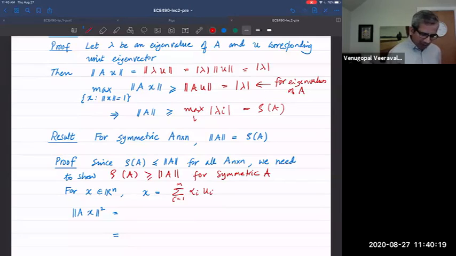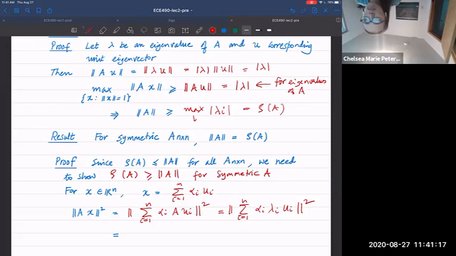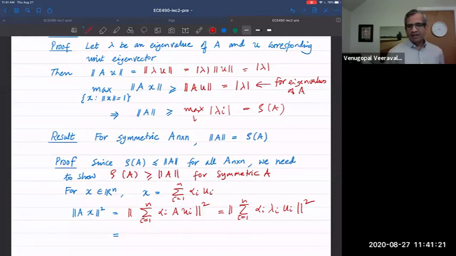Now if we look at the norm of A x squared, I can write that as the norm of the summation of alpha_i A u_i, squared, which is equal to the norm of, I can replace A times u_i by lambda_i times u_i. Now if I exploit the orthonormal property of the u_i, I write that as a double sum first, and then only the diagonal terms remain.